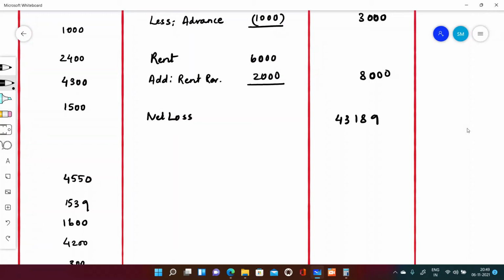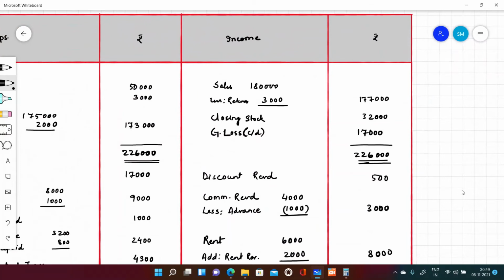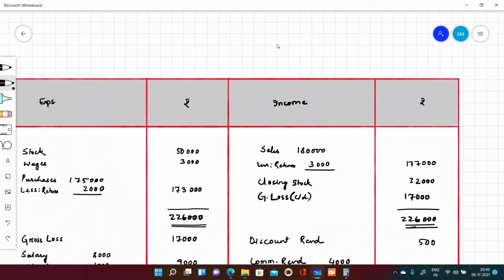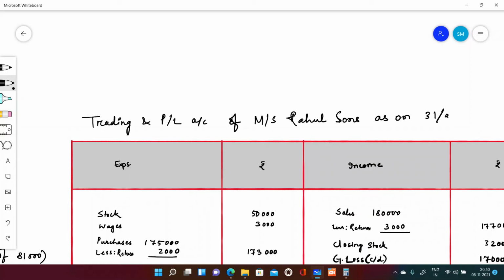Okay, now move on to our balance sheet. So now my trading P&L account is over. Now I can write on the top, that is your trading and P&L account of Messrs Rahul Sons as on 31st March 2017.